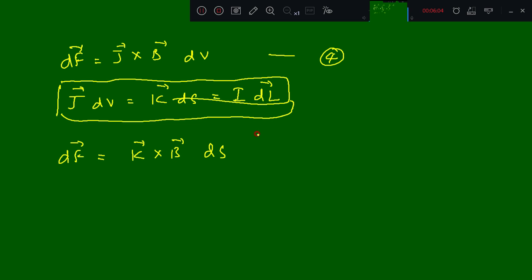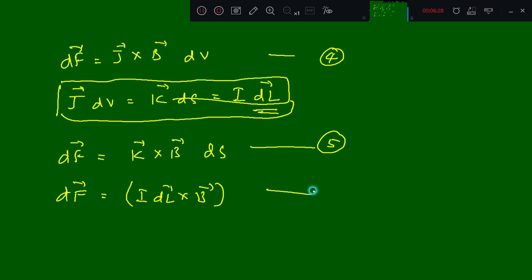Just substituting one value in the other equation, this becomes equation number 5. Similarly, if you substitute for I dL, dF is equal to I dL cross product with B. This you can give as equation number 6.